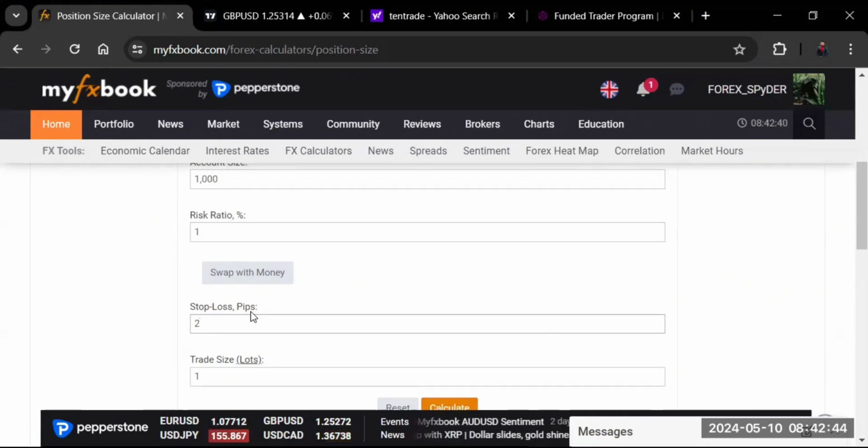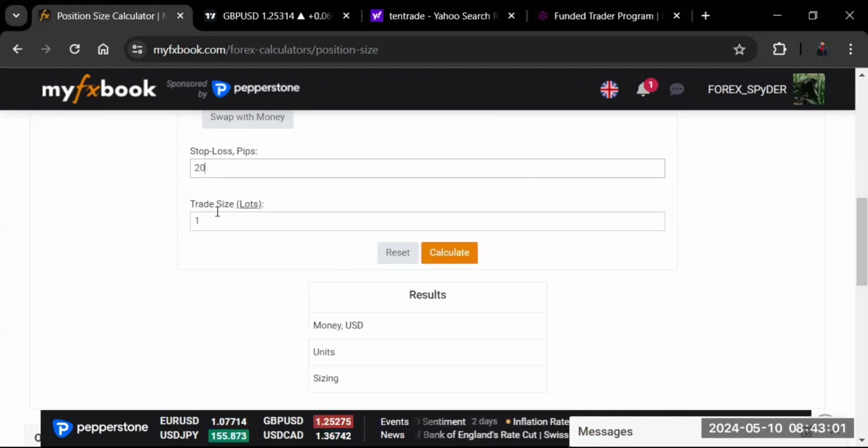You can just go and watch the video on how to calculate your pips. So by the time you calculate your pips, in terms of stop loss, where you want to place your stop loss, that is the amount you're going to type in right here. So if it is 20 pips, you just type 20 pips. Okay, then you leave this particular one at 1. This trade size or lot, you leave it at 1, and then after that you click on calculate.